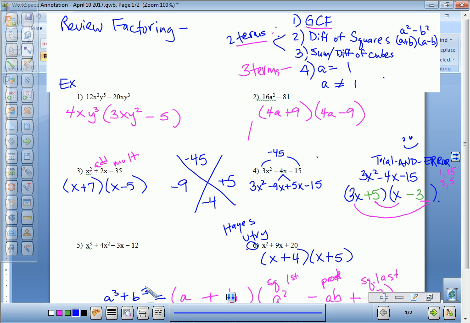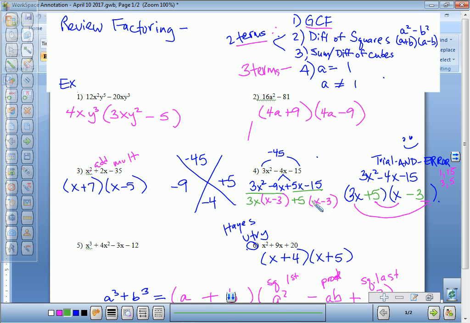And then we would look at the first two and go, oh, the first two have a common factor of 3x. And that leaves x minus 3. So over here, we want to be left with x minus 3. So what would I factor out of the second pair of terms? +5.